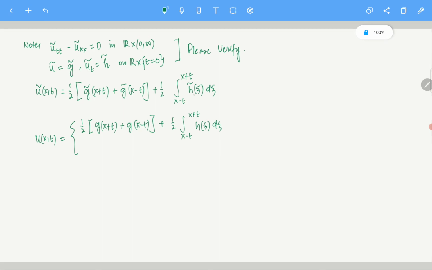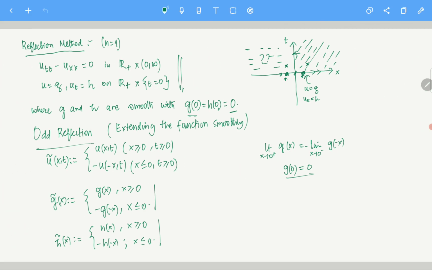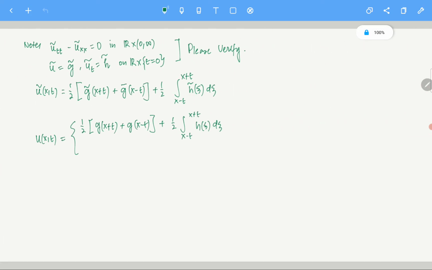Please remember, h tilde is equal to h if x is positive. So here h tilde, I can write as h if x minus t is positive. So if x is greater than or equal to t, which is greater than or equal to 0. Clear?